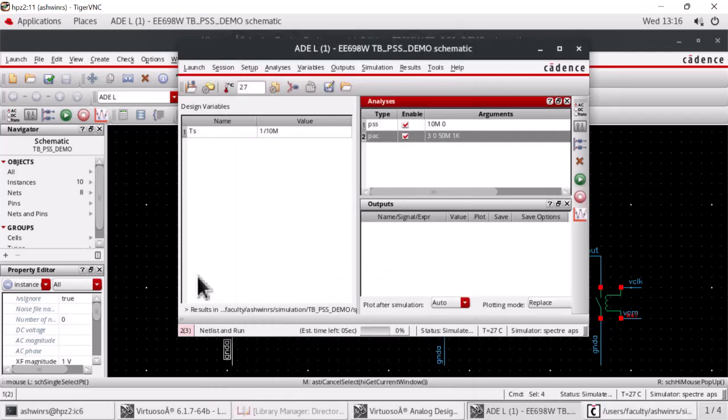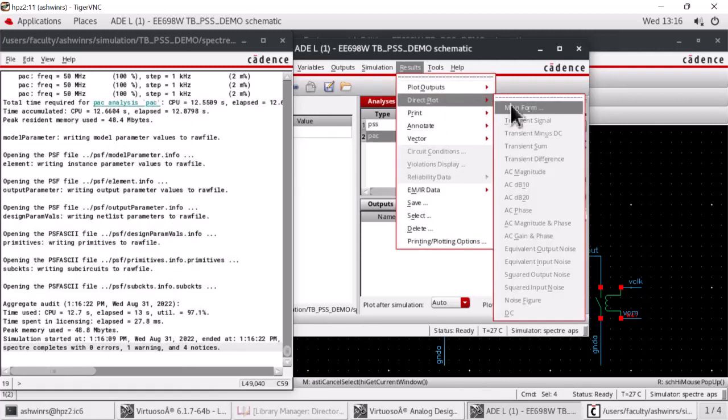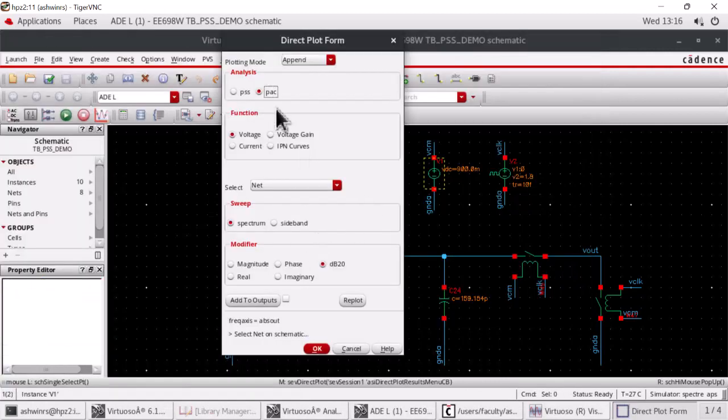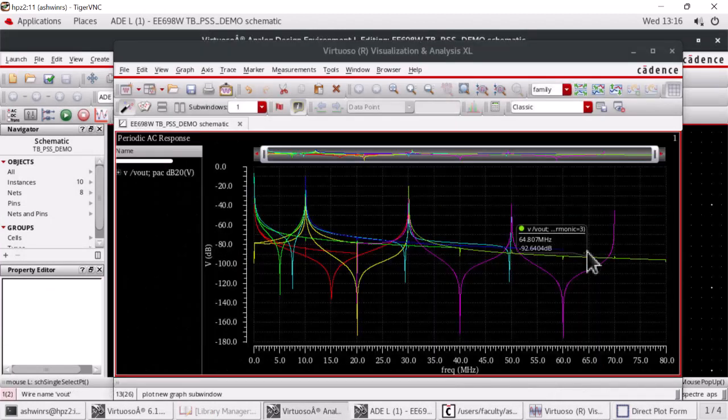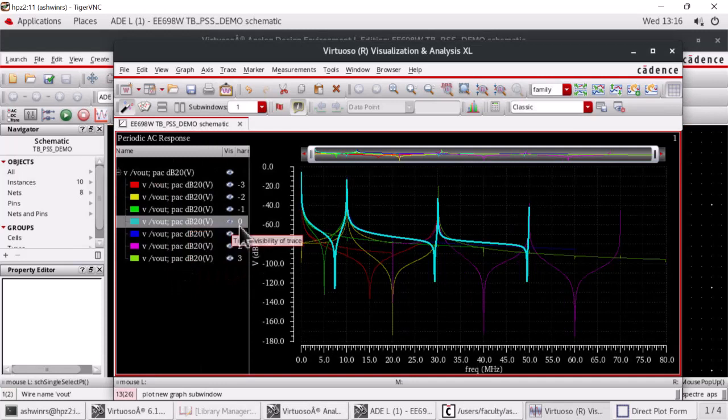So this could take a few seconds. Okay, again PAC, I'll directly look at the output spectrum. Now we have a lot of curves, and you can see here this portion where it says 0, that is basically the translation from the input f to the same frequency at the output.